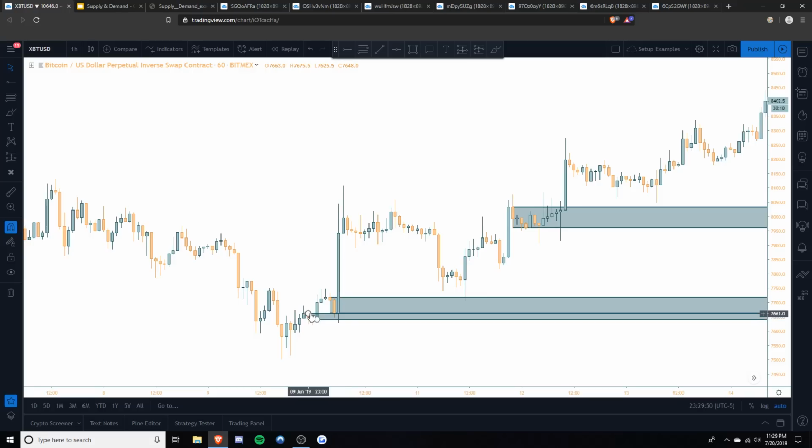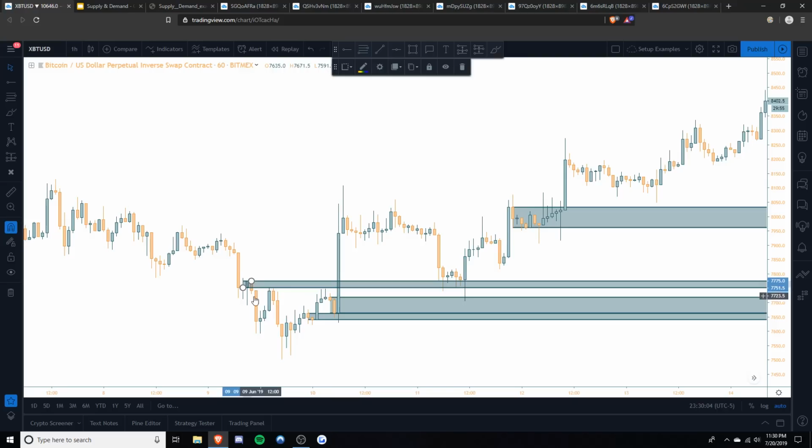Like this down move that led to this impulse move, basically retested it and then went higher. And look, where did price go? Right here, right to this little supply zone. You can find all these tiny little supply and demand zones everywhere throughout the chart. That's really just how price moves, from supply zone to demand zone to supply zone and back and forth.